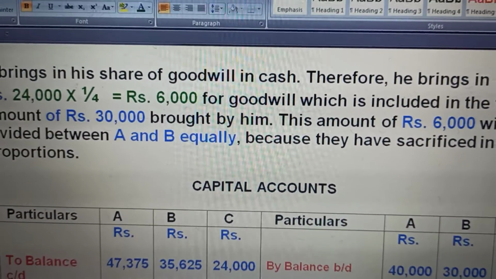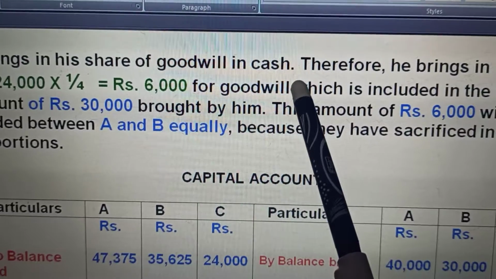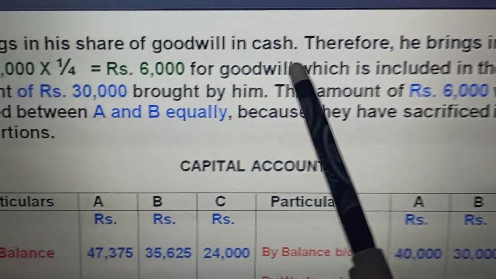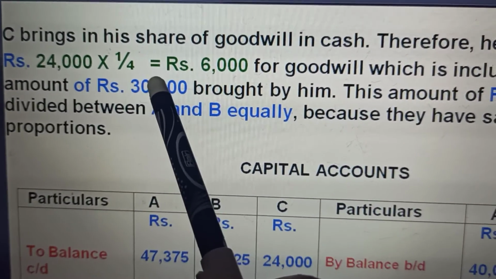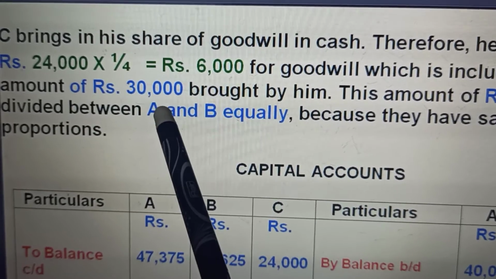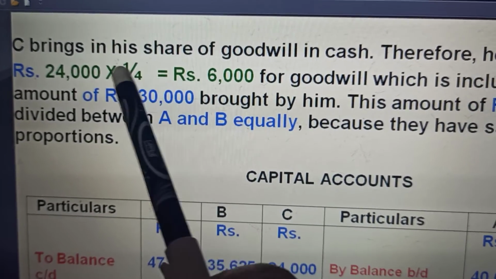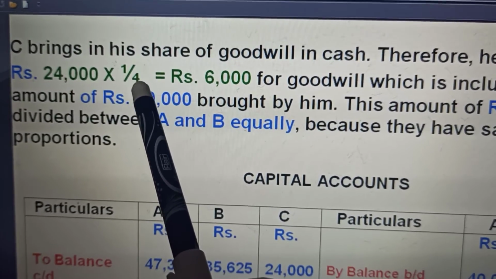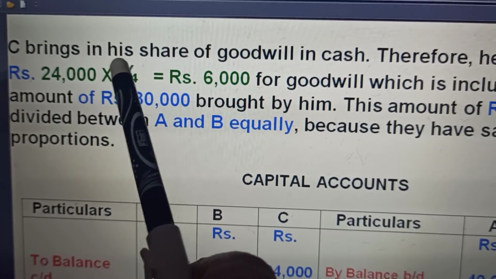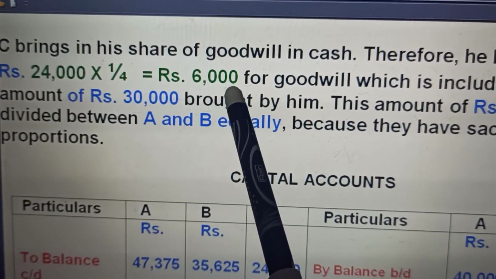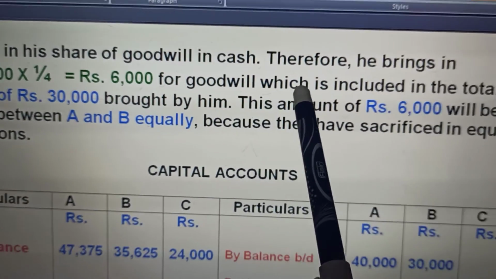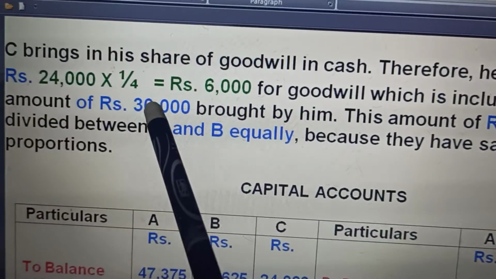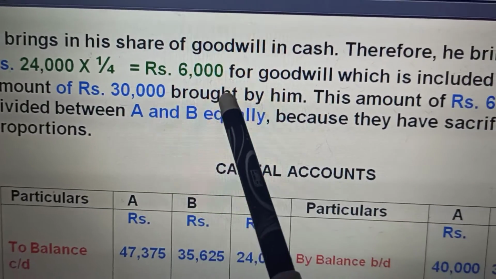Very clearly it has been stated, C brings his share of goodwill in cash. Therefore, he brings in rupees 24,000 into 1/4. He gets 1/4 share. 24,000 into 1/4 is 6,000 for his share of goodwill, which is included in the total amount of rupees 30,000 brought by him.